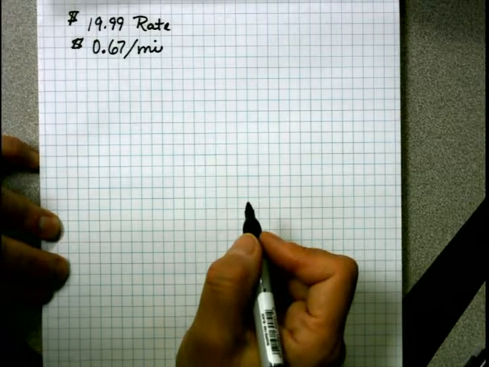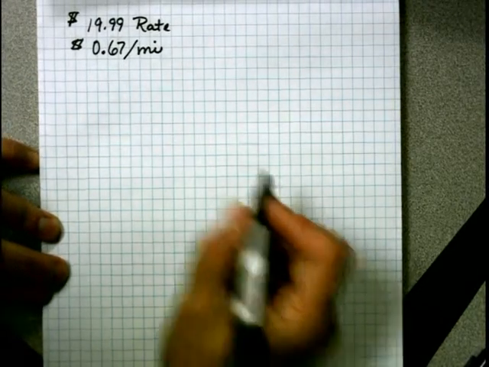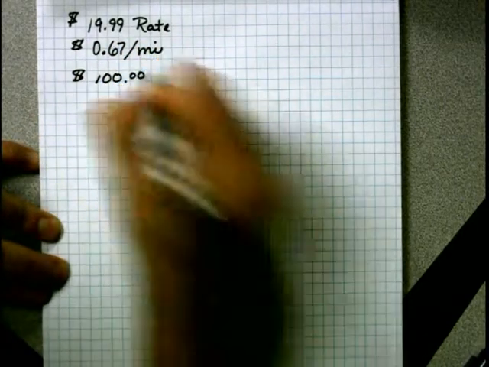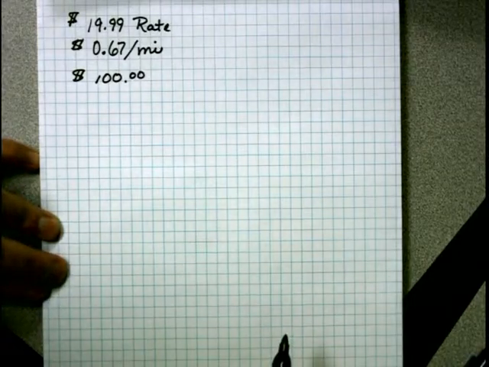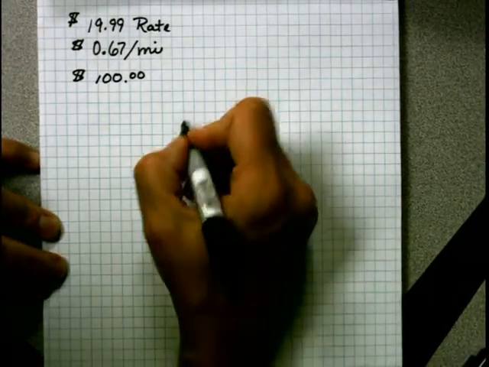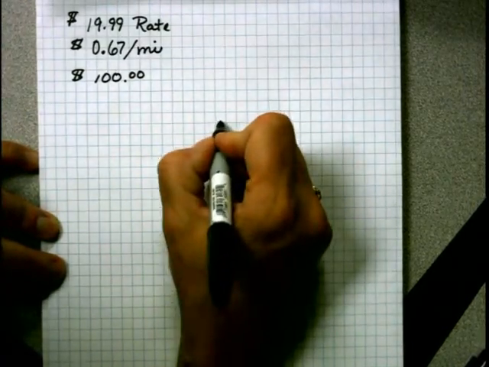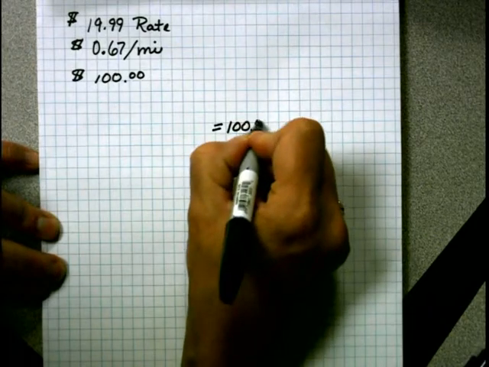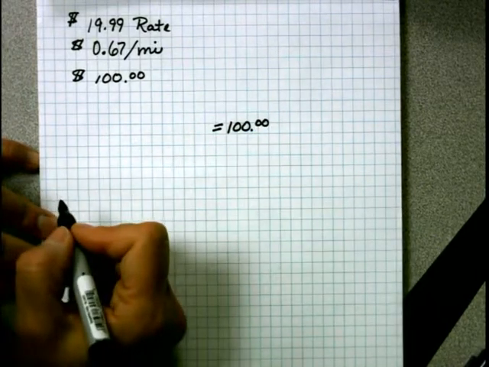The next thing we're going to look at is the daily budget of $100. So, the salesperson is allowed to rent the van, but they have a budget of $100. So we're going to put $100 on the right-hand side of the equation.